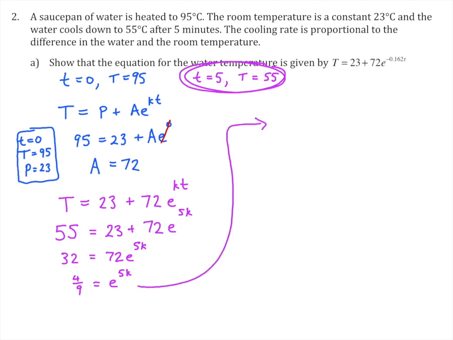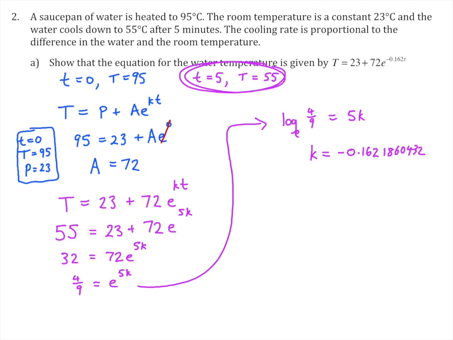Now, slide the bases, so I get log to base e of 4/9 equals 5k. So, put this into your calculator, natural log of 4/9, and then divide it by 5, and you'll end up with k equals minus 0.16218604332.